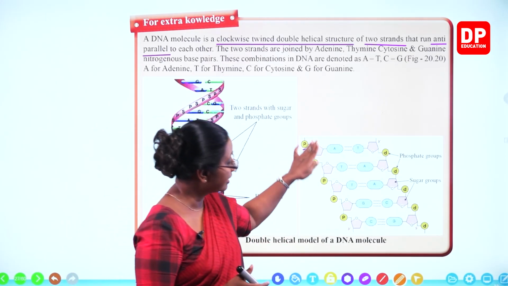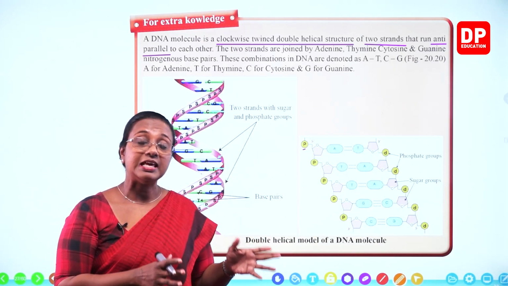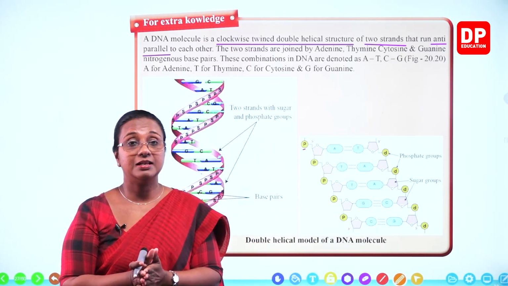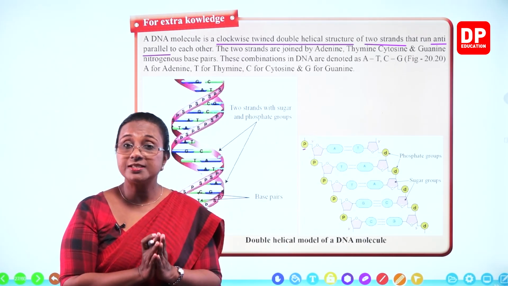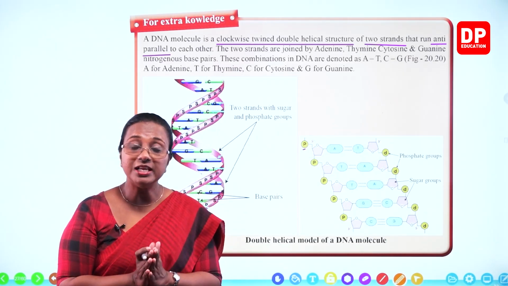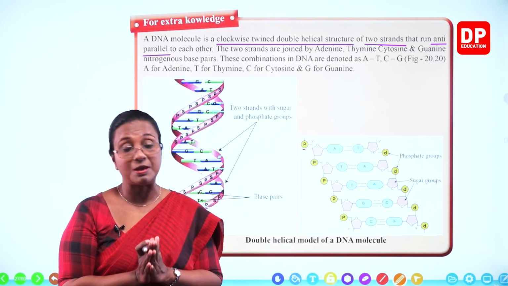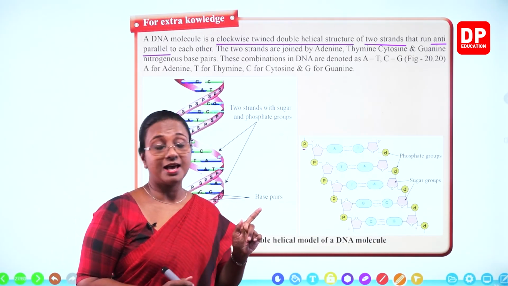This is where that genetic information is stored. So DNA is the genetic material. And the double helical structure of DNA was discovered by Watson and Crick. Those are all information that you should remember, students. With that, I will move on to the next slide.